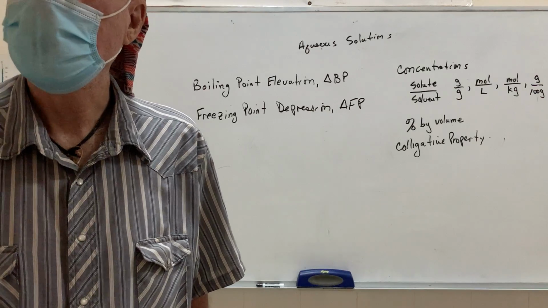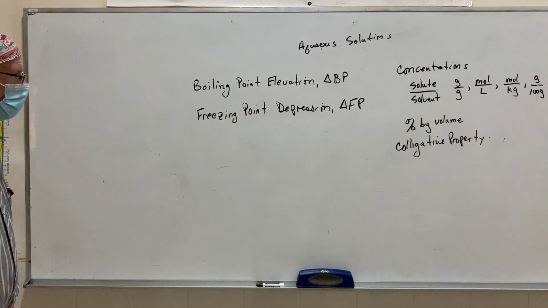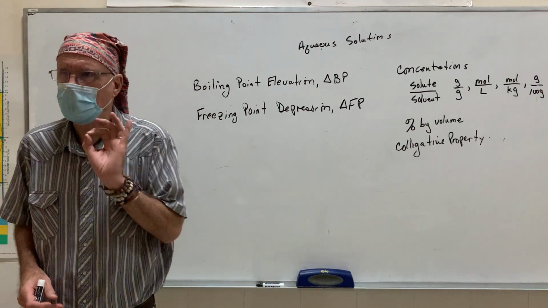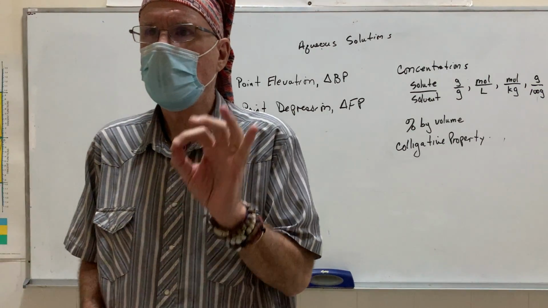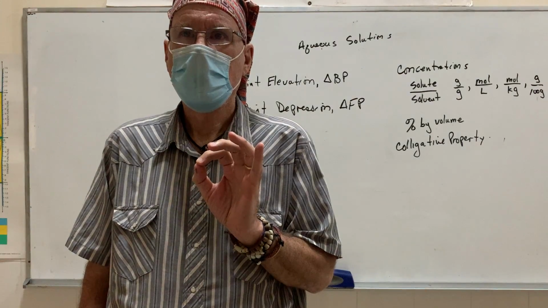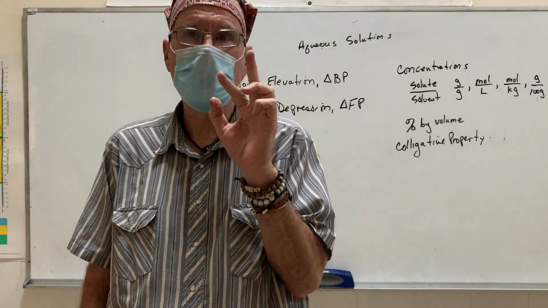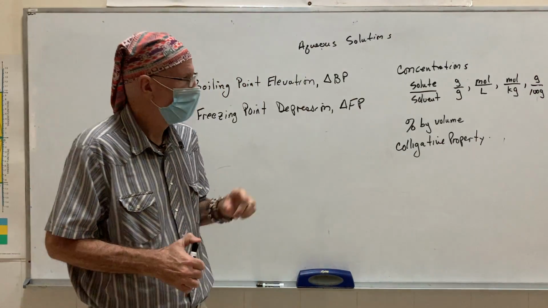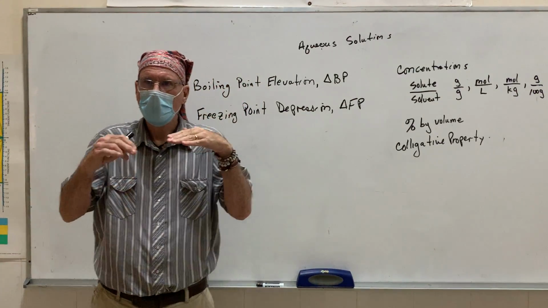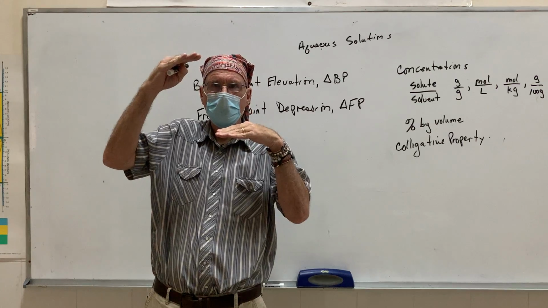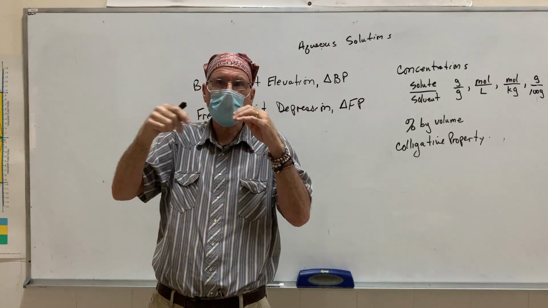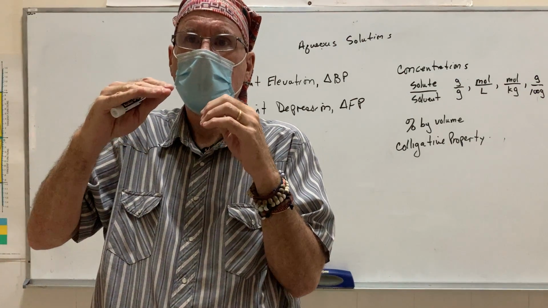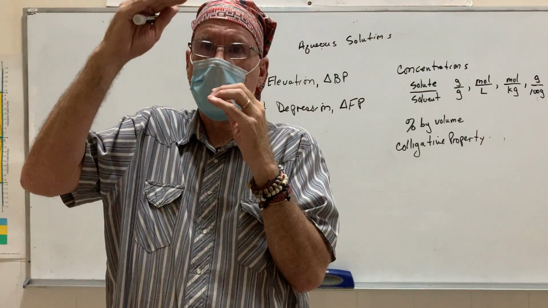Let me begin by saying, when you add a solute to water, you do one of two things. You will either raise the boiling point, so if I put salt in the water, it will boil at a higher temperature.